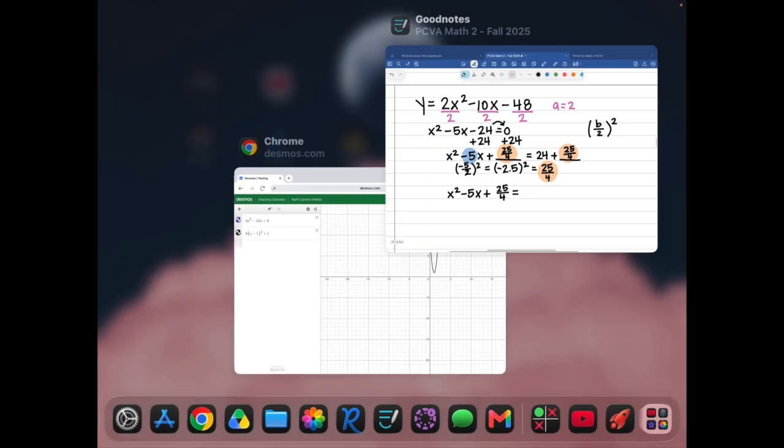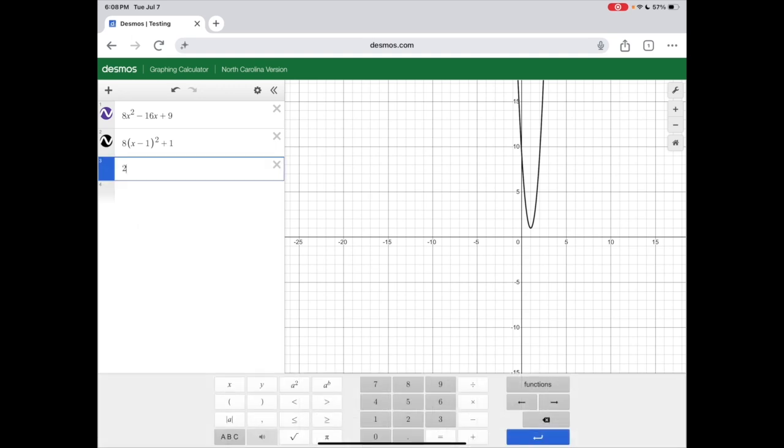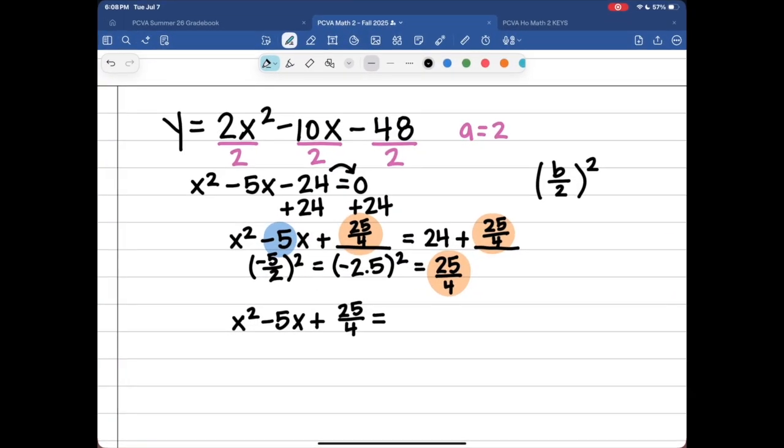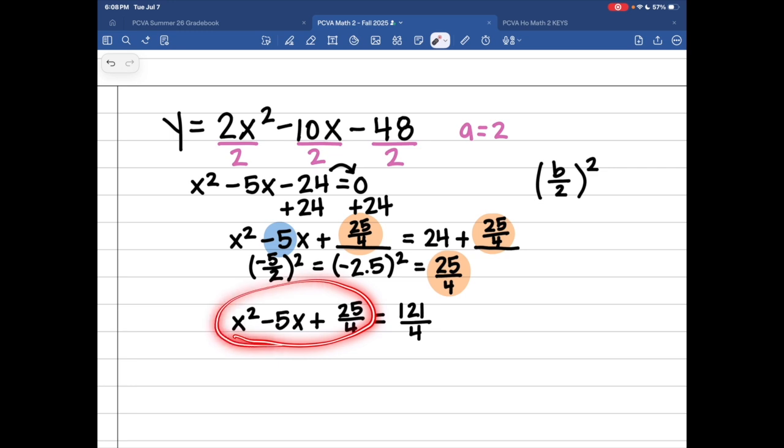And then we have 24 plus 25 over 4, and we can leave that as 30.25 or make it 121 over 4. Now, technically we should be factoring this, but I don't think we're in a position to factor and figure out what numbers multiply to give us 25 over 4 and then add to give us negative 5.